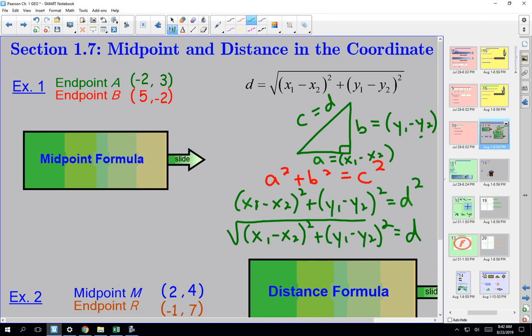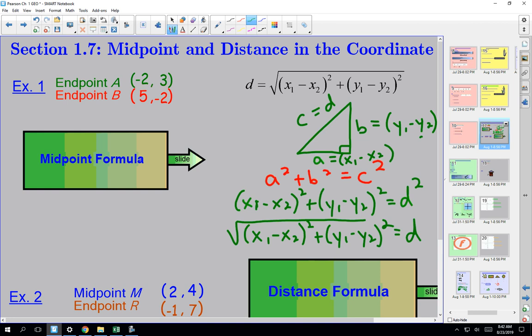I didn't really leave you enough room to write it down, but somewhere off to the side on example 1, draw this picture, and you should be able to go through this process, going from the picture and the Pythagorean theorem to the distance formula. A couple steps, and you should understand the similarities between the two.